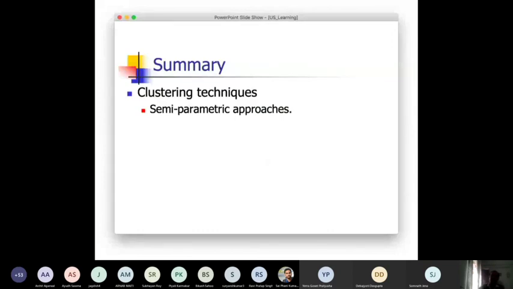So here we come to the end of this topic of unsupervised learning. As I mentioned, under this topic, we basically discussed different kinds of clustering techniques. We considered semi-parametric approaches like the K-means algorithm. That's semi-parametric without explicitly mentioning any parametric estimation. But it is semi-parametric in the sense that you can also consider a kind of parametric estimation.